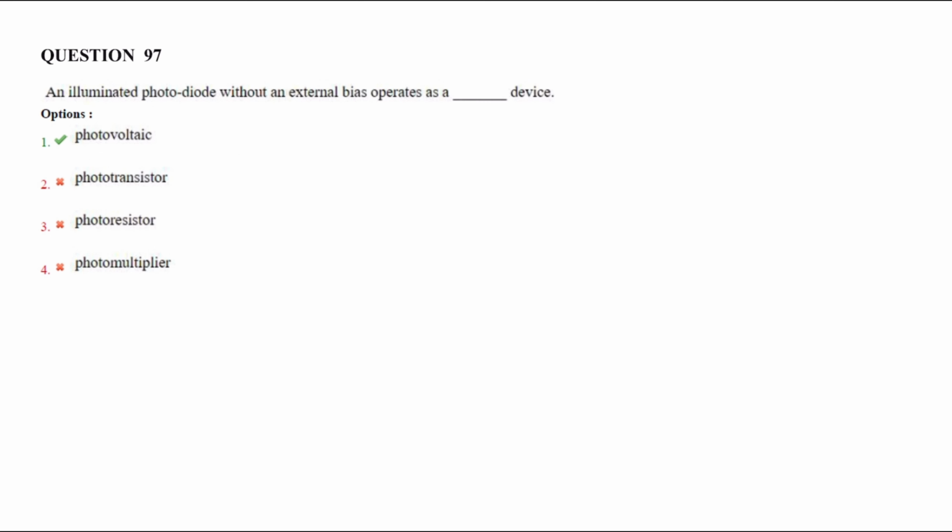Question number 97. An illuminated photodiode without external bias. Generally these photodiodes are operated in reverse bias. It converts photons to electricity.